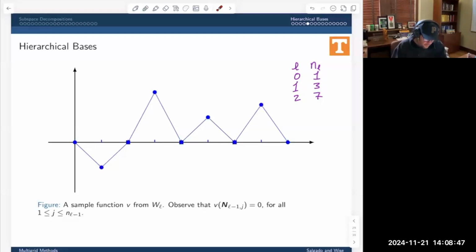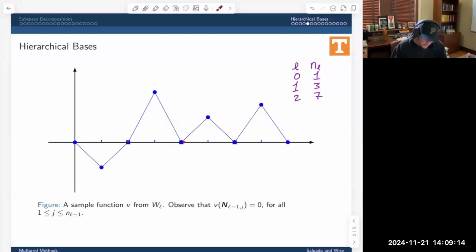The way we think about W2 is normally V2 has 7 degrees of freedom, at each one of these nodes, but WL does not. WL does not have degrees of freedom at each node, because I take every node in the level 1 mesh, there are 3 of those, and I force my functions to be 0 at those nodes.